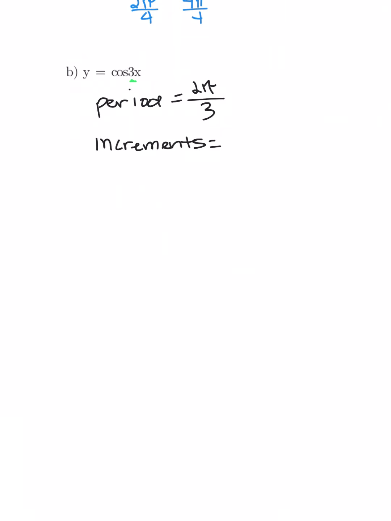Remember that to find the increments, you take the period length that you just found of 2 pi over 3 and divide that by 4. But remember, in fraction rules, that means that we are taking 2 pi over 3 times 1/4, because dividing by 4 is the same thing as multiplying by 1/4.